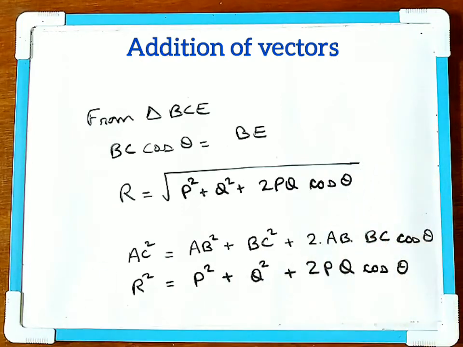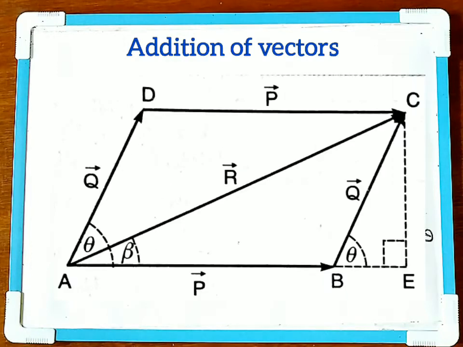This is the magnitude of the resultant of two vectors P and Q. This is the same for the triangle law of vector addition, since the parallelogram law is equivalent to the triangle law. In the triangle law, we do not draw the parallelogram; we just draw the triangle ABC.